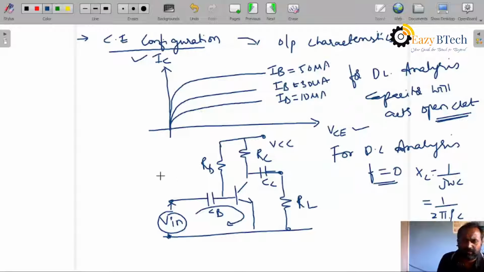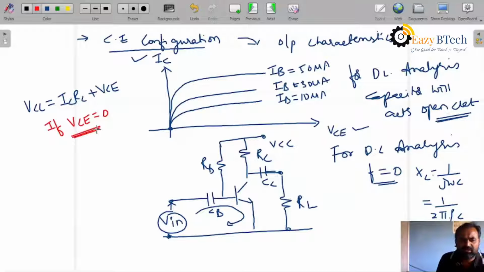Now from equation 1, that is VCC is equal to ICRC plus VCE, at this point, if VCE is 0, what happens? VCC is equal to ICRC.